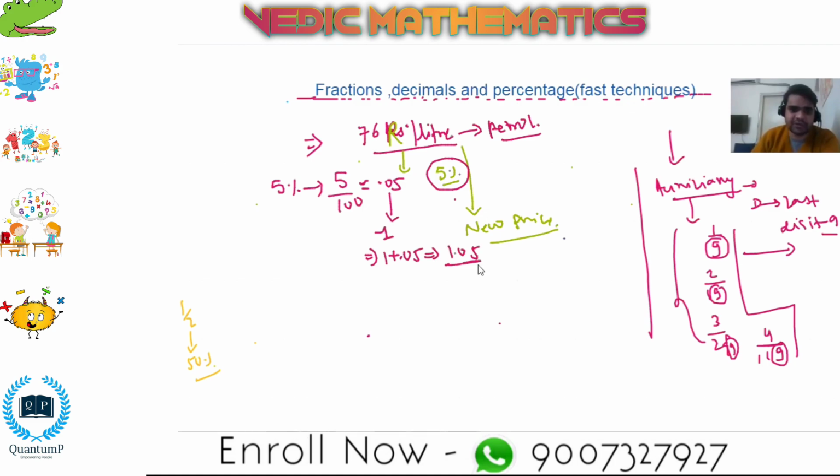Now this 1.05 will be directly multiplied to 76, means 1.05 into 76. We can multiply this 1.05 with 76 with the 3 cross 3 vertical crosswise method, and our answer is this.